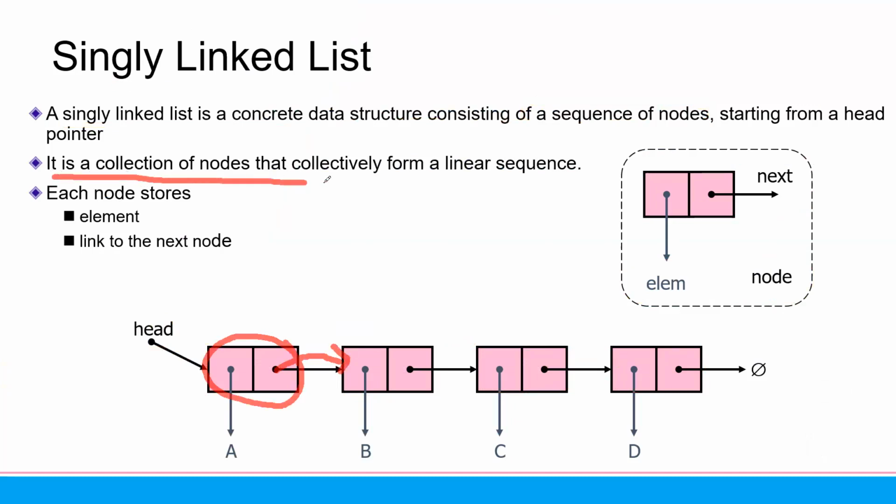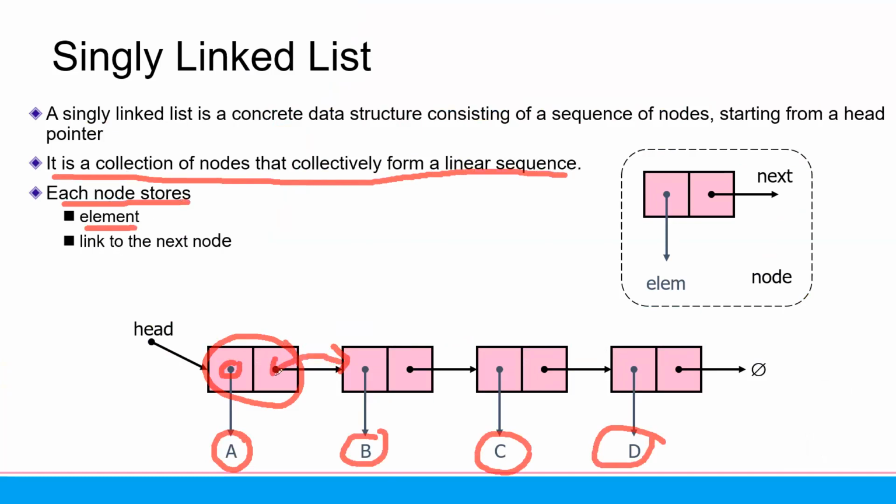It is a collection of nodes that collectively form a linear sequence. Every node has an element. Let's say this one is element A, this is element B, this is element C, this is element D. And then we have another thing to connect to the next node.